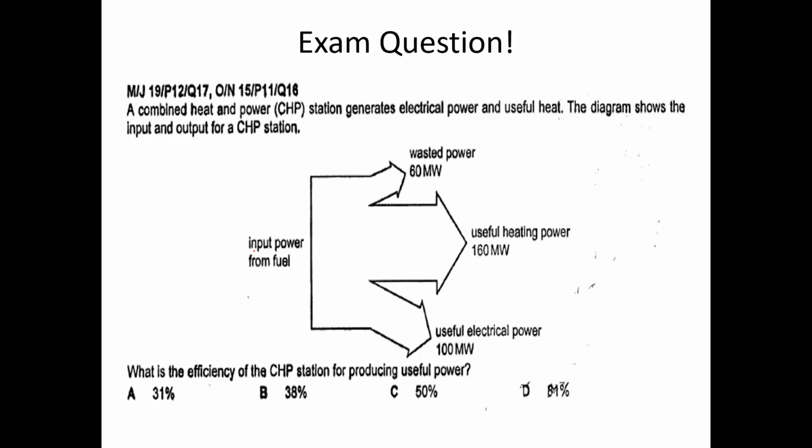So there is an input power from the fuel, and some of the power is wasted as 60 megawatts. Then there is some useful heating power of 160 megawatts, and then there is a useful electrical power of 100 megawatts. The question says, what is the efficiency of the station for producing the useful power?